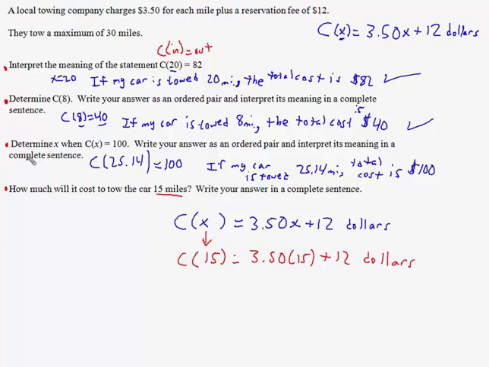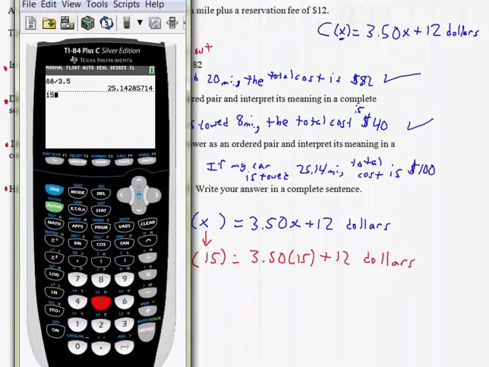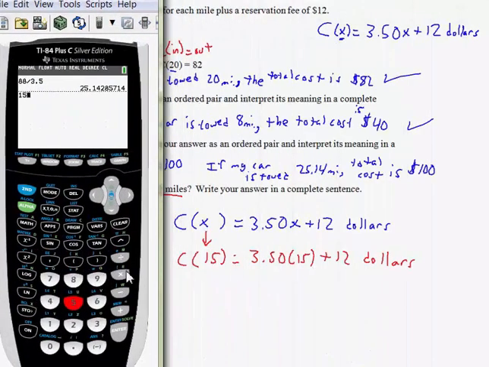So if you want, you can use a calculator here and say I'm getting towed 15 miles and the rate is $3.50 per mile, so I will multiply by that, and that would be the cost just for the actual per mile of towing, and then you have to add on that reservation fee of $12.